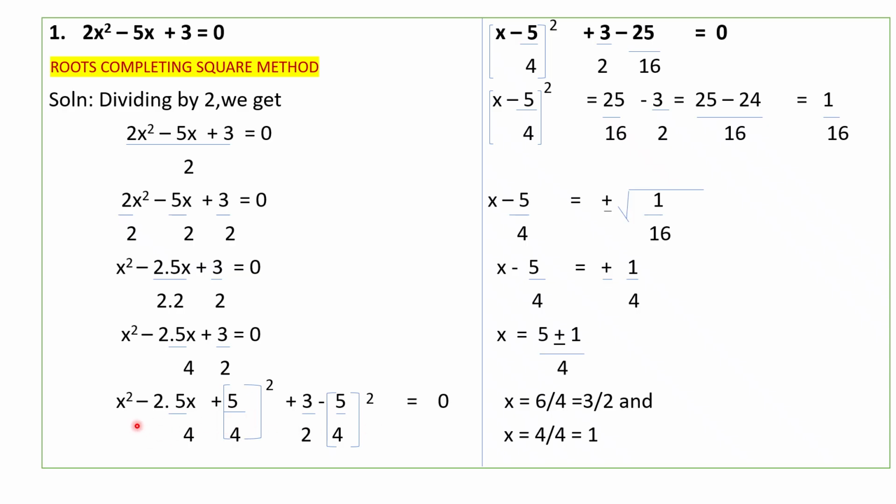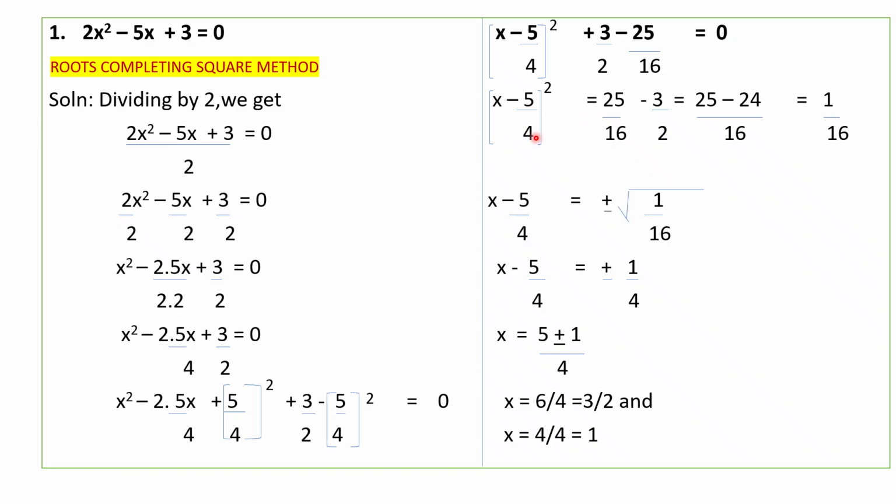Now see, x square minus 2 into 5x upon 4 plus 5 upon 4 whole square plus 3 by 2 minus 5 upon 4 whole square equal to 0. So these three terms you can write as x minus 5 by 4 whole square, and then plus 3 by 2 minus 25 by 16 equal to 0.